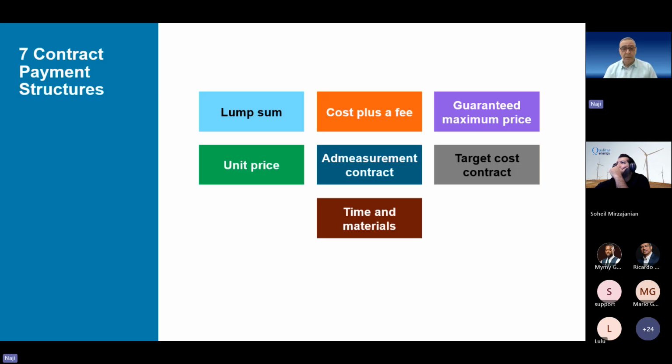Is it unit price, time and material? You bring the material, Mr. Contractor, I pay you and additional costs as a profit, or how much time you spend if you're hiring experts. So you need in each contract to be explicit about this item to avoid claims, definitely.